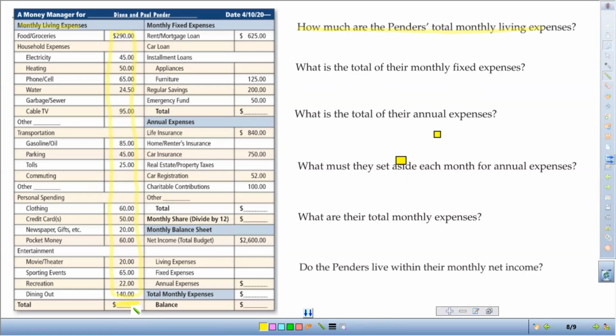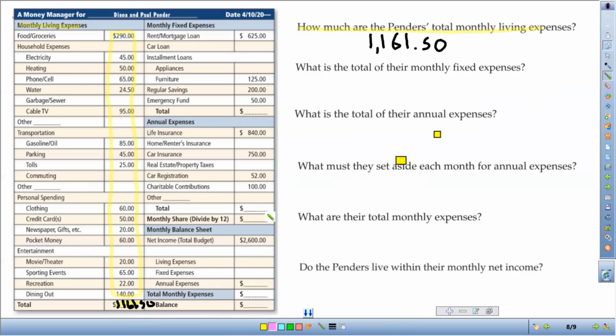So we add them all up. 290 plus 45 plus 50 plus 65 plus 24.5 plus 95 plus 85 plus 45 plus 25 plus 60 plus 50 plus 20 plus 60 plus 20 plus 65 plus 22 plus 140 comes out to $1,161.50.